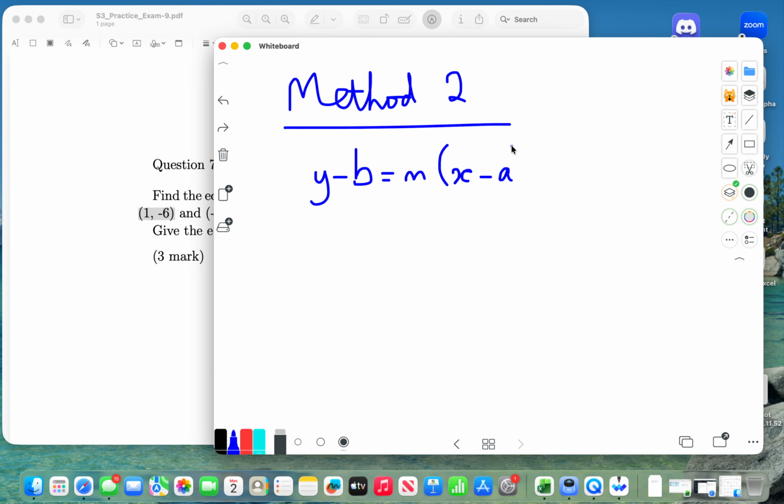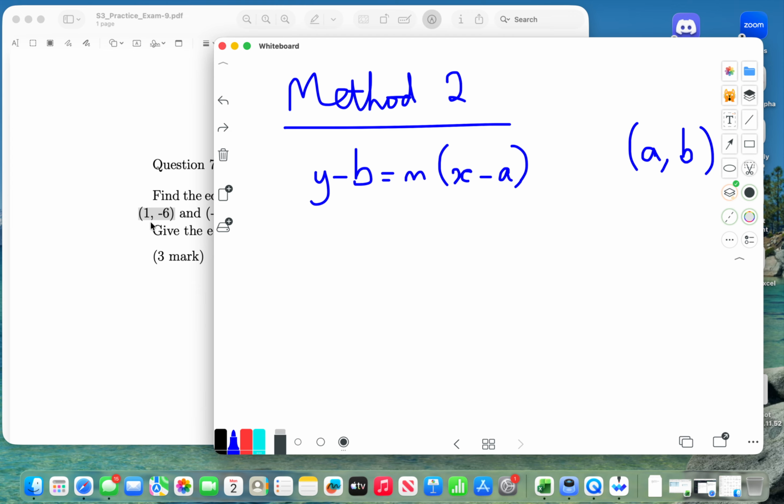And this is more confusing, but the gradient we already know, and the points along the line this time are A, B. So you don't substitute for x and y, you substitute for a and b. I think it's a bit of a pain, but for Higher, this is the method you're expected to use. So some teachers get you to use it in National 5.